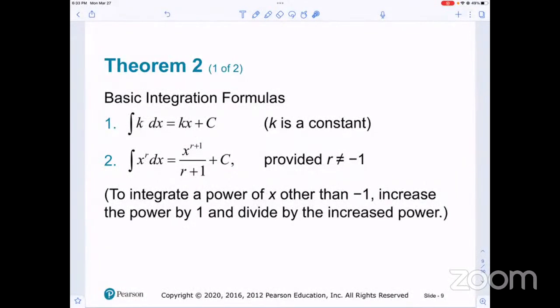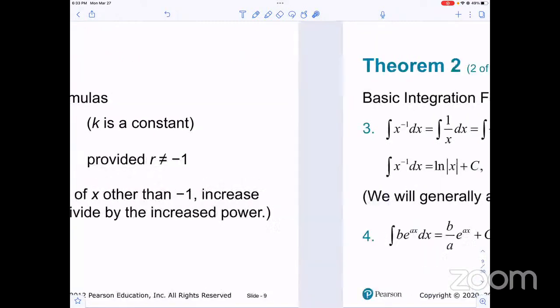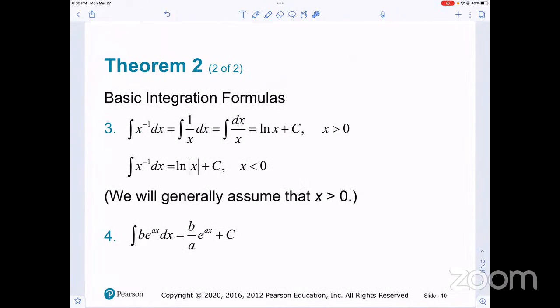And again, provided that r is not -1. To integrate a power of x other than -1, increase the power by 1 and divide by the increased power. If it's to the power of -1, then we're talking about natural log. So if we have x to the power of -1, it's really just the natural log of x. If x is positive, it's just natural log.